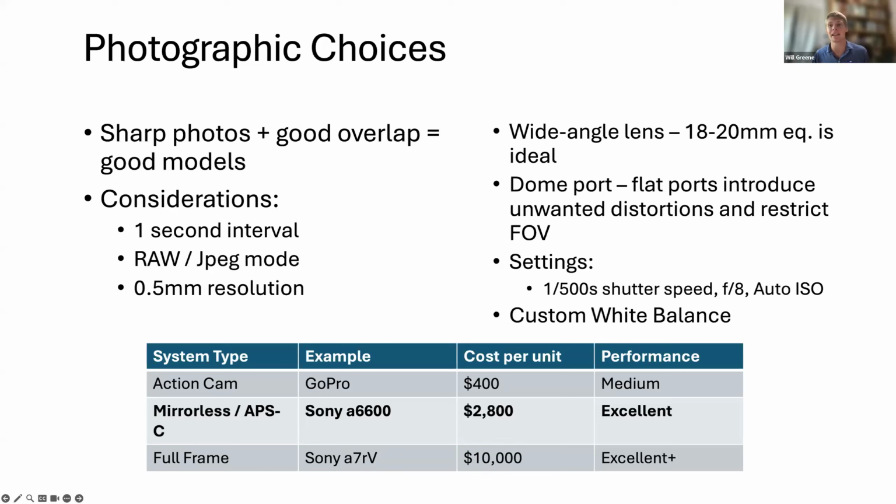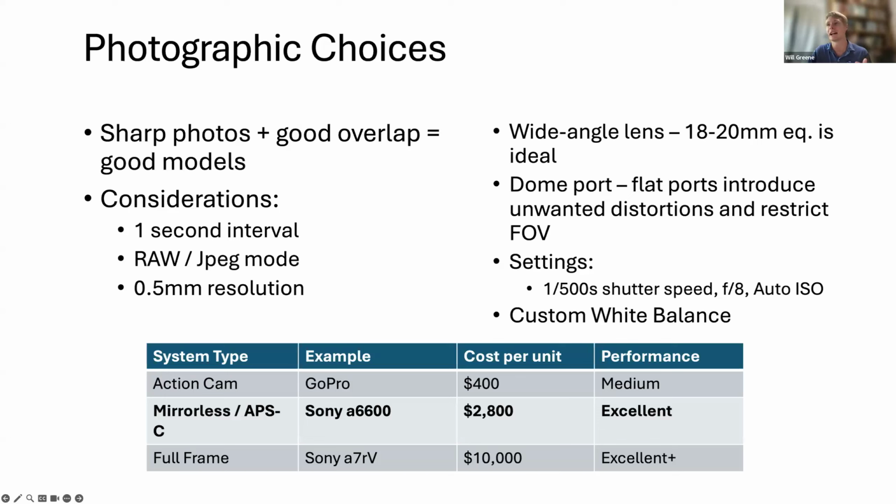And the reason for that is that we choose to archive our RAW images because they have much higher quality color information. And in the future, we hope to be able to develop workflows that make use of that higher quality color information to do a better job of monitoring things like bleaching and color change in coral over time. But for now, archiving those raw photos is key because that's information you can never get back.